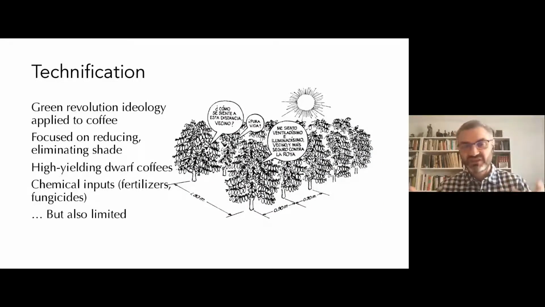In the 1970s, all of these kinds of things were bundled together into a package known as technification, which focused on intensive production, use of high chemical inputs and fertilizers, and hybrid varieties. It worked very well for some farmers, but as I say here in the final comment, it wasn't necessarily a panacea.